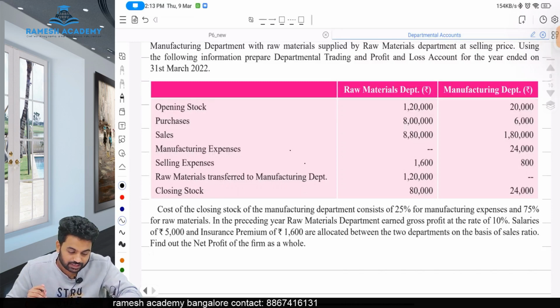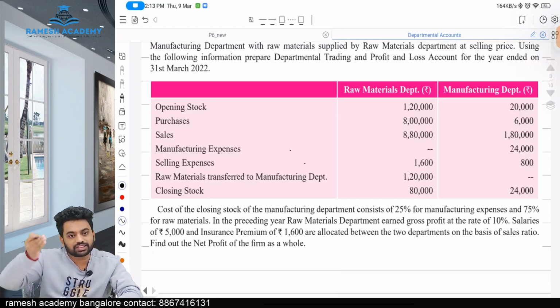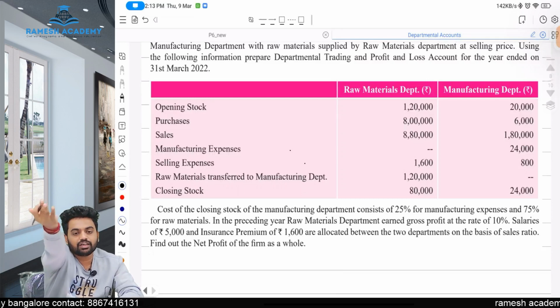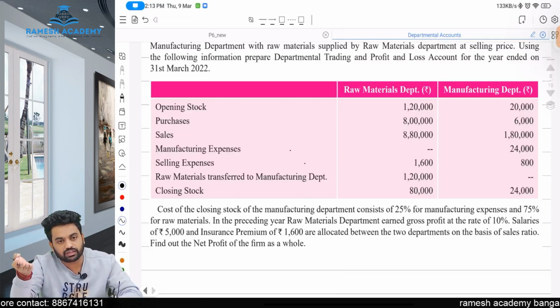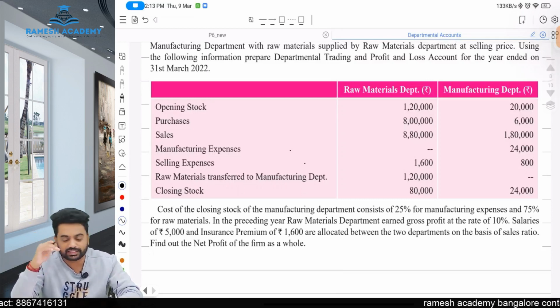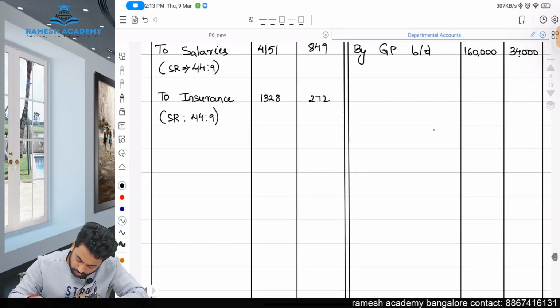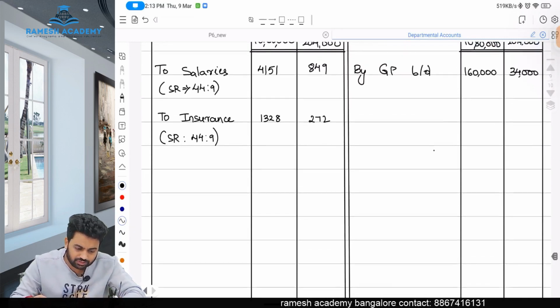So in the previous year's closing stock there is unrealized profit, which means in the current year's opening stock there is unrealized profit. We have to eliminate it.